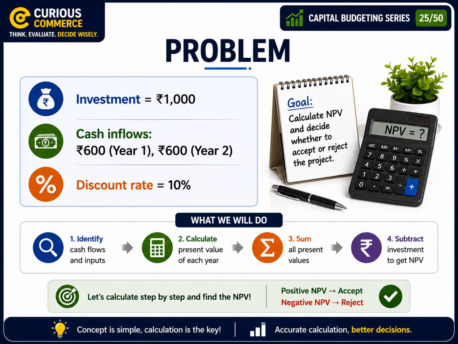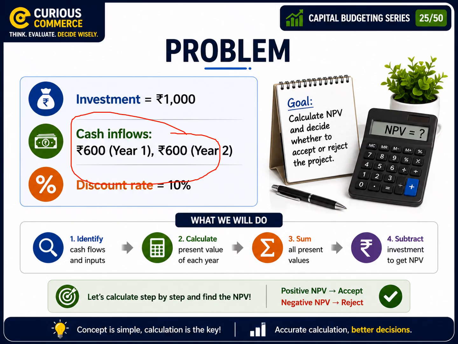After investing, the project generates 600 rupees of cash inflow in the first year and in the second year. But remember, money received in future is not equal to money today. Why? Because of inflation, risk, opportunity cost, and alternative investments.